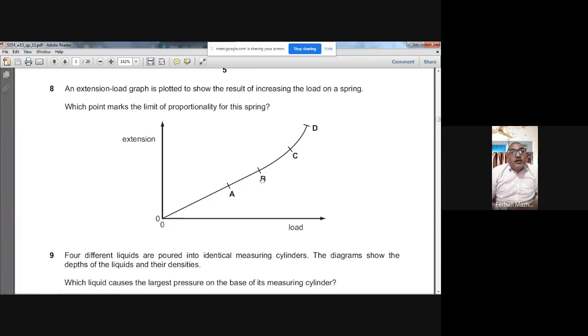So this point B is the limit of proportionality, because after this, the extension load graph starts curving upward. So the option is B.